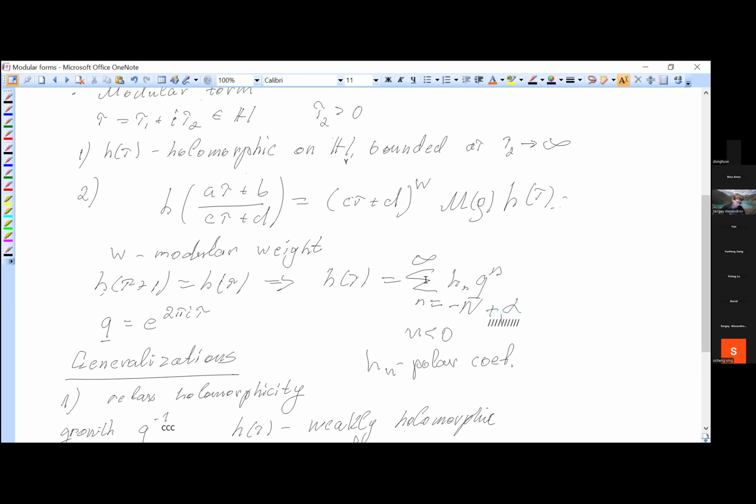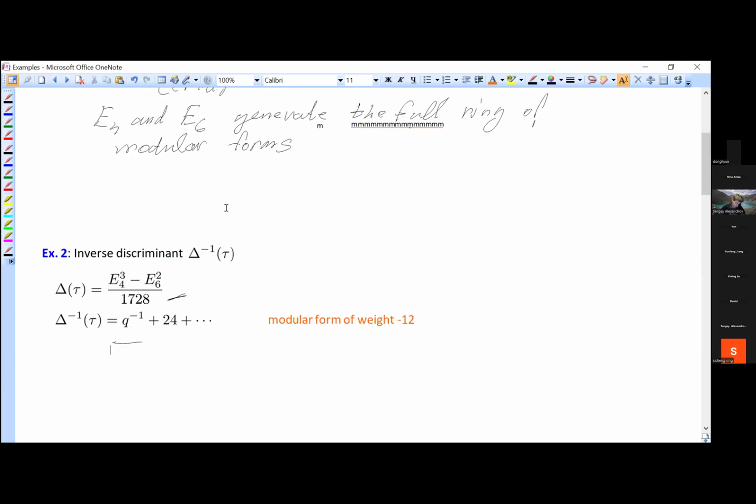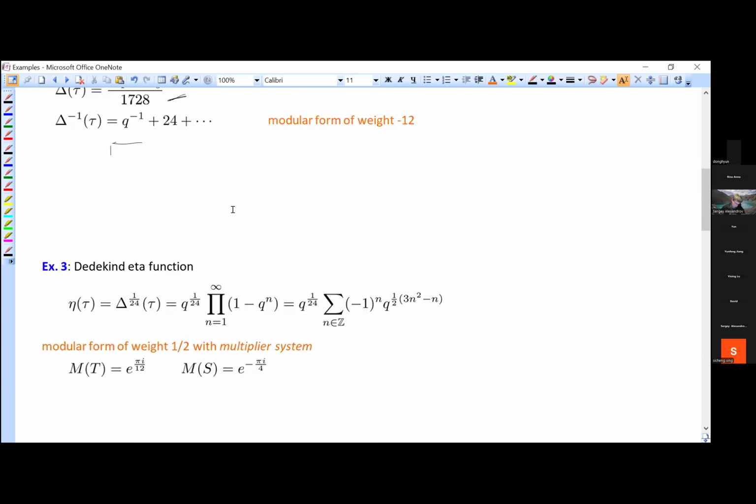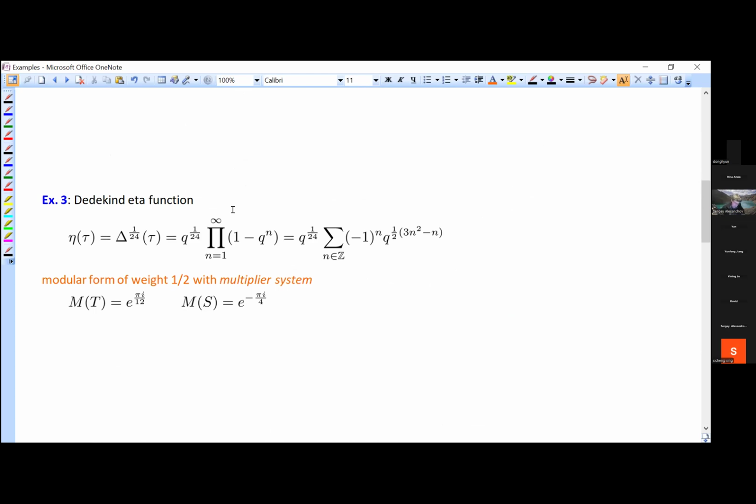Again, just to give you an example that this is indeed important, one of the most standard modular forms is the so-called Dedekind eta function, which is defined as the 24th root of the discriminant which we defined before.